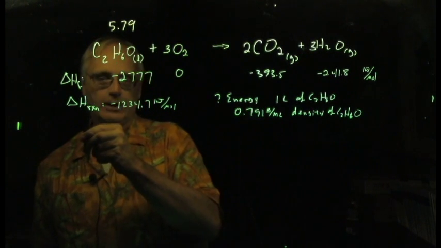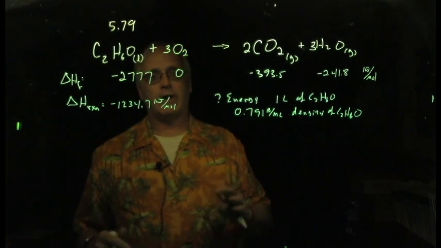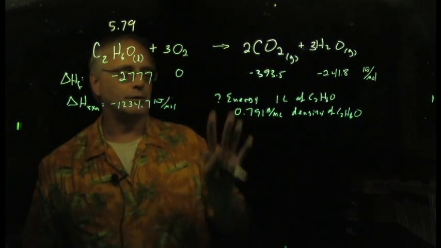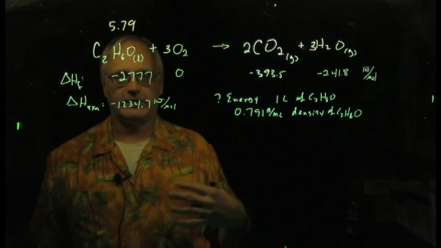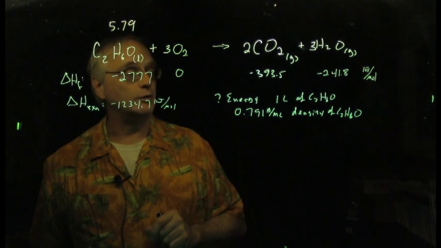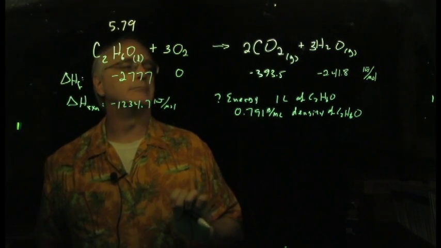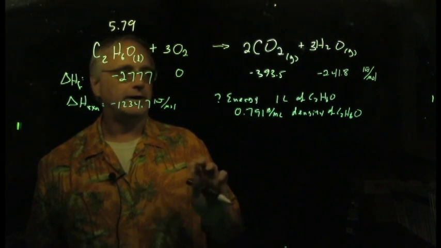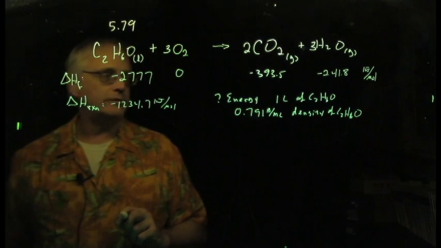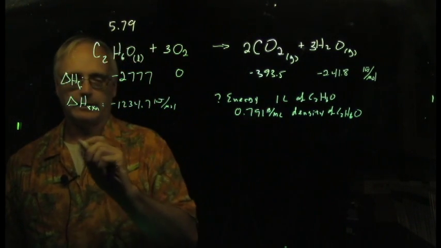Because remember, enthalpy of reaction is our way of relating masses and energy in a chemical reaction and expanding the stoichiometry problems to include energy consumed or energy released. And that's what this question is. How much energy is released when you combust a liter of ethanol? So it is going to require a number of steps to do, but it's pretty straightforward once you kind of see it worked out.